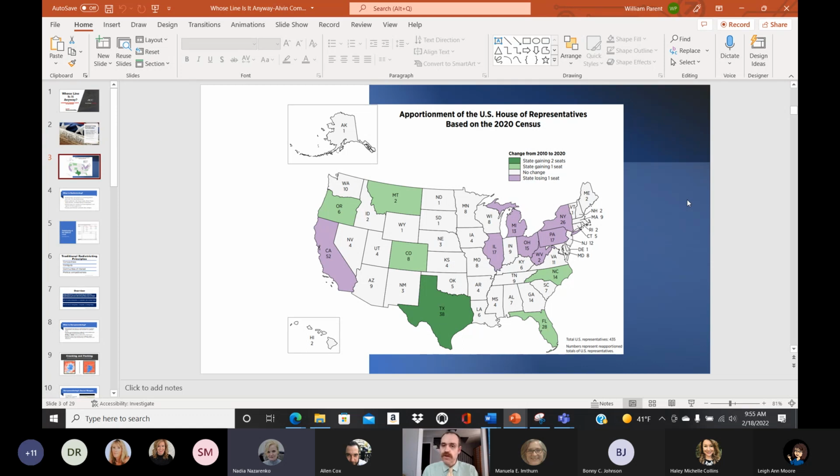In 2010, 10 years ago, or I should say 12 years ago, in the 2010 census, Texas gained 4 seats in the U.S. House of Representatives.